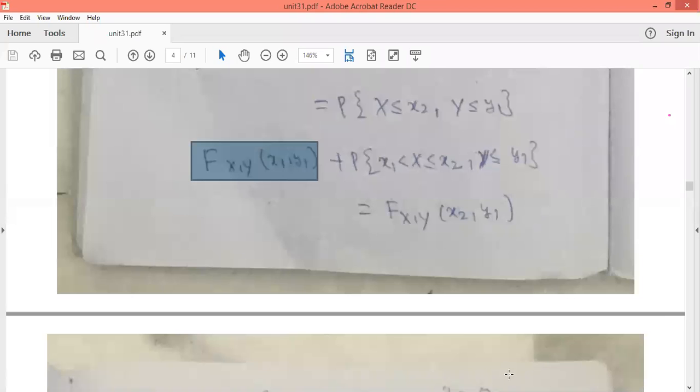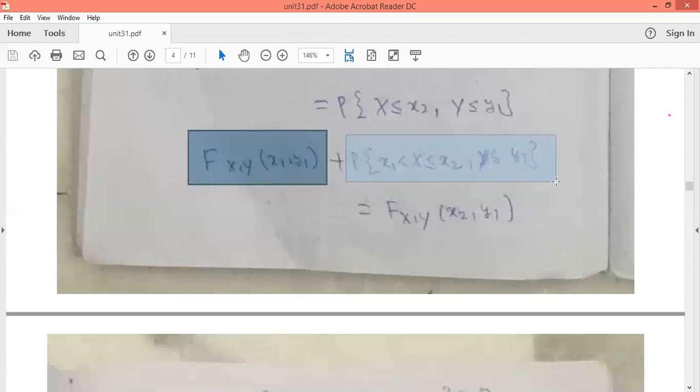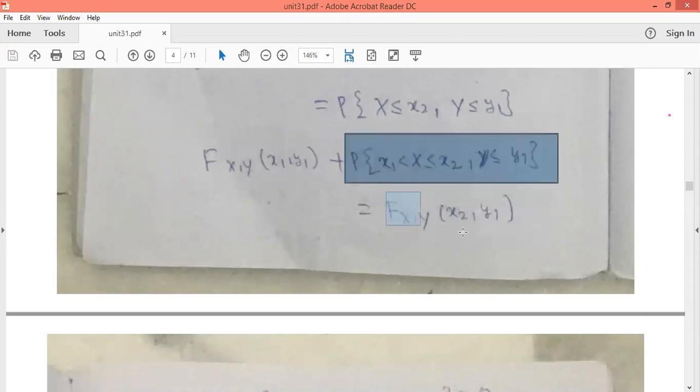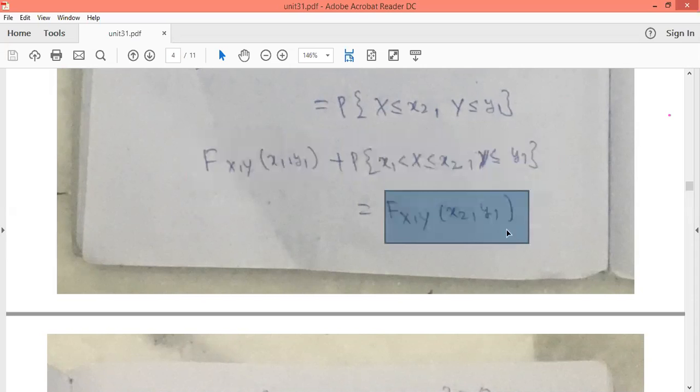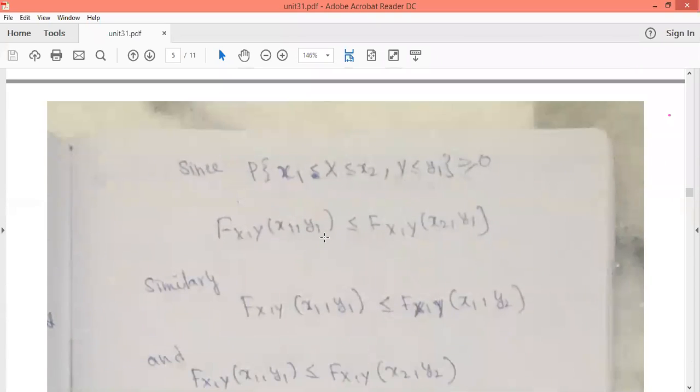Okay. So from this we know that Fxy of x2 comma y1 will always be greater, because the addition of these two terms only gives us this. Yes or no? So that is why Fxy of x2 comma y1 is always greater than Fxy of x1 comma y1. Okay.